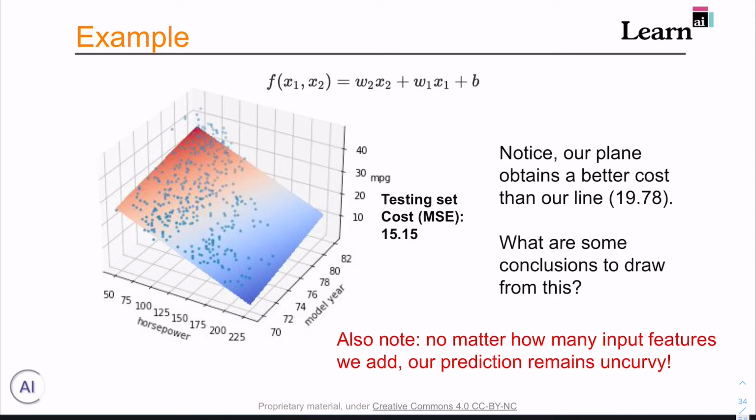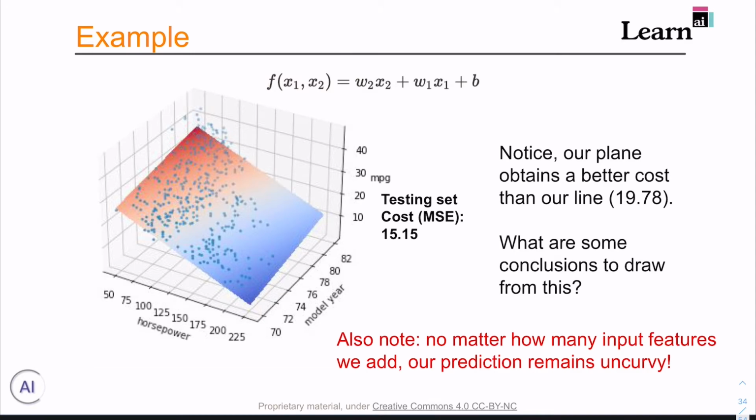And you can think about some conclusions to draw from this. For instance, we can talk about this in the office hour on Saturday, but can this plane equal the line that we found before?